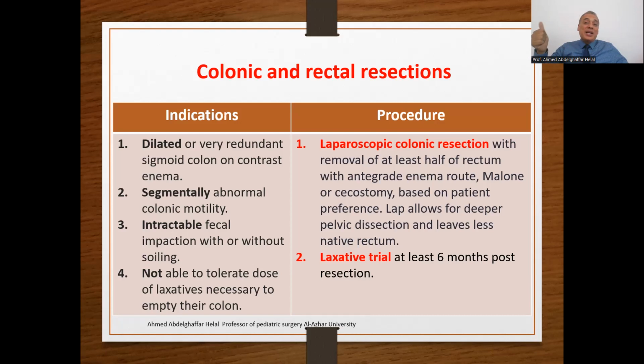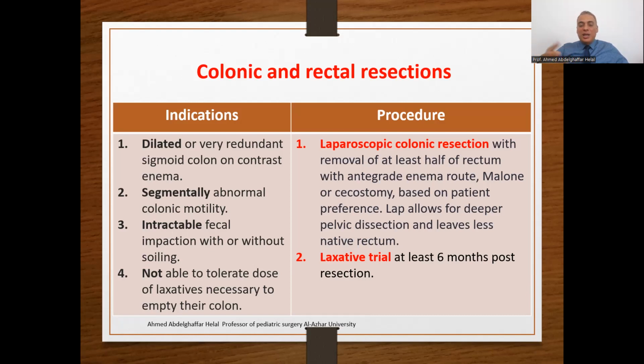Previously, transanal resection was performed; however, it is associated with continuous soiling for about 6 months postoperatively and is avoided nowadays. So the best technique to perform colonic and rectal resections in functionally constipated patients is laparoscopic resection, to see the deep pelvic dissection and leave less native rectum.